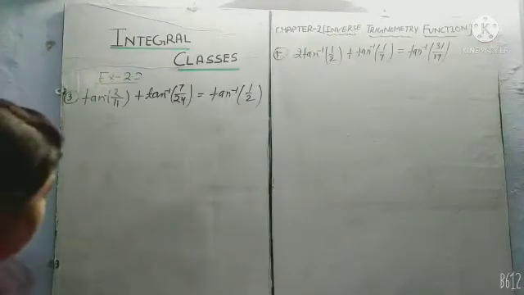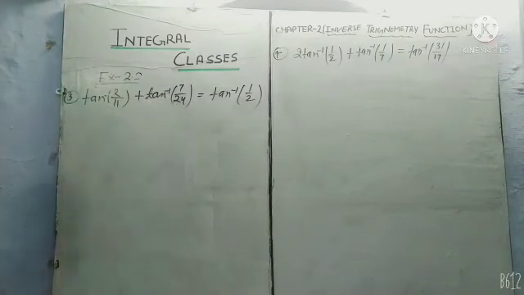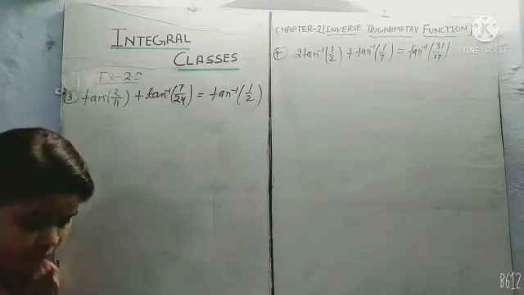In question number 3, we are given tan inverse 2 by 11 plus tan inverse 7 upon 24. So student, first of all we will use the properties of inverse trigonometric functions.